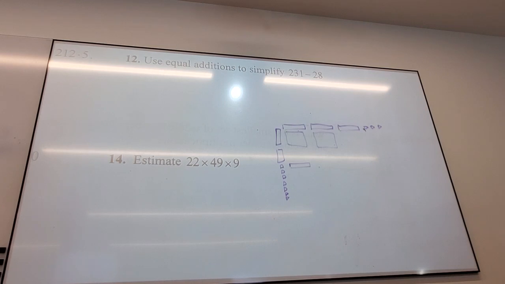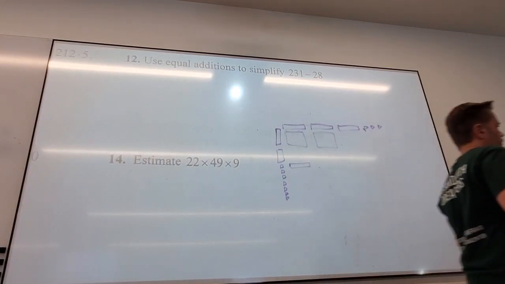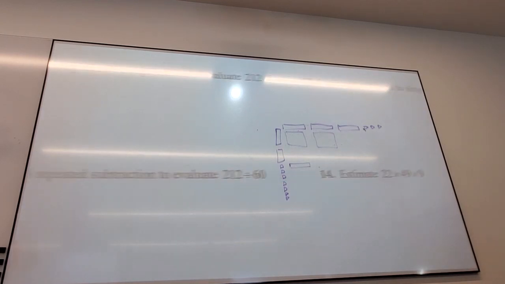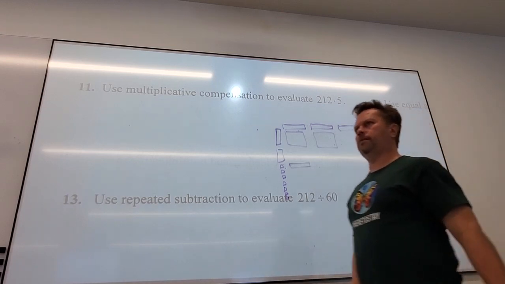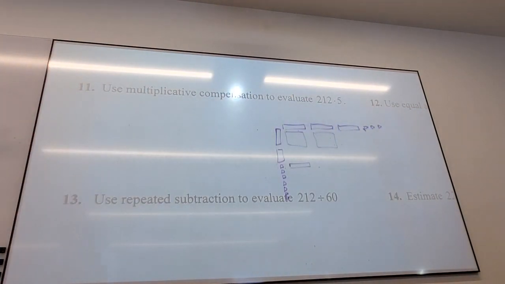What's the other question about? Oh, yeah. Multiplicative compensation means I'm going to take a factor from one and give it to the other. So what do I wish to make 5 become? 10. So can you take a factor of 2 from 212?